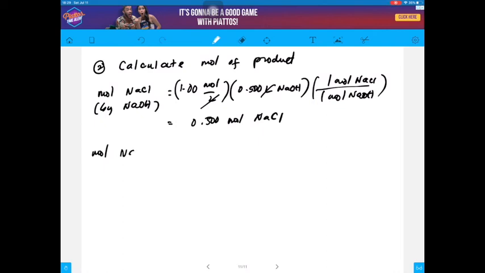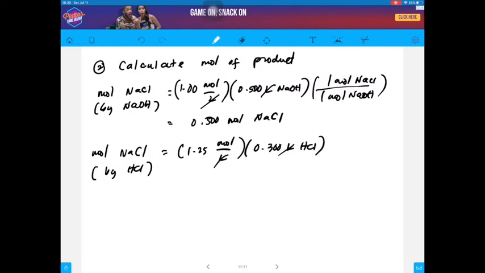On the other hand, we can also use the amount of hydrochloric acid to calculate the moles of sodium chloride produced. So what we have is 1.25 molar, or moles per liter, multiplied by the volume of hydrochloric acid solution used. Cancel out the units and we get moles of hydrochloric acid, and then multiply it by the mole ratio.